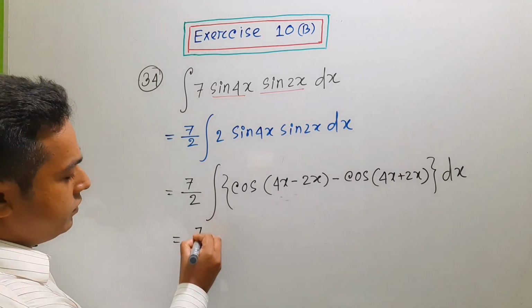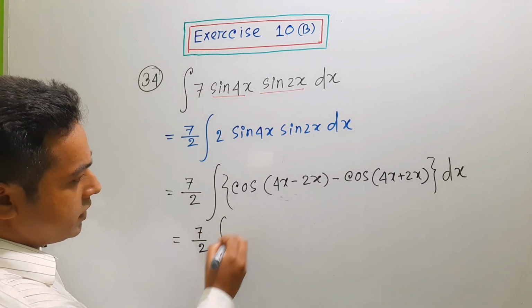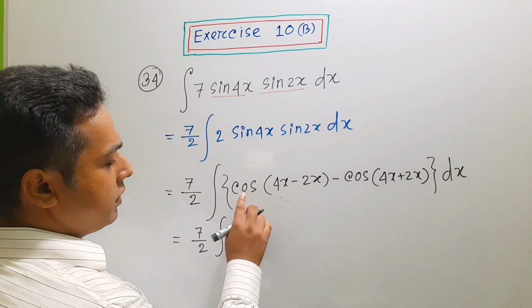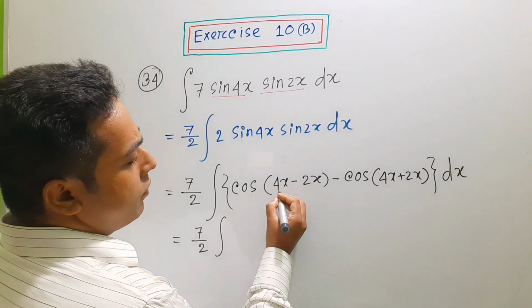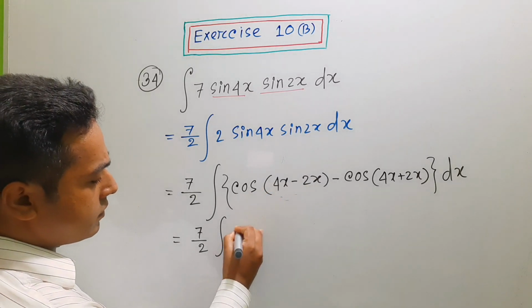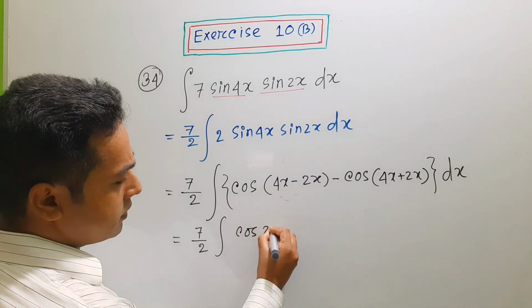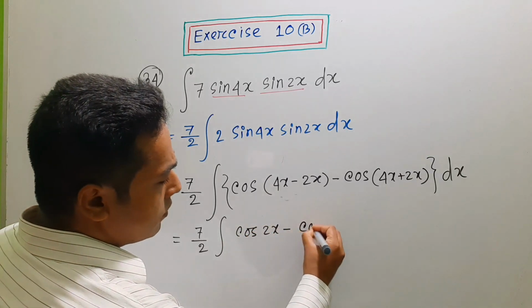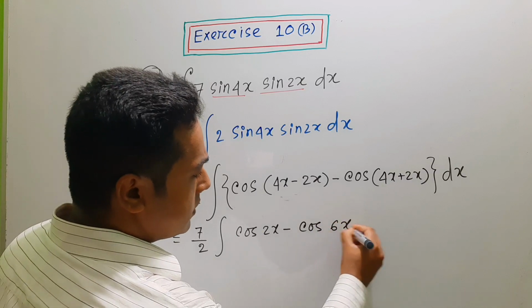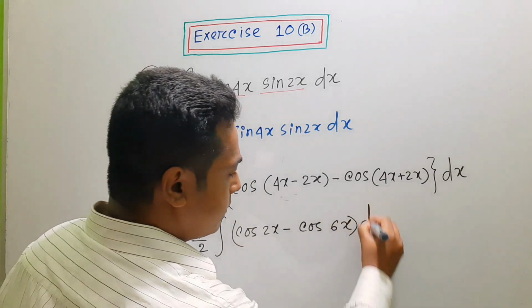Okay, 7 by 2 integration of 4x minus 2x is equal to 2x cos 2x minus cos 6x dx.